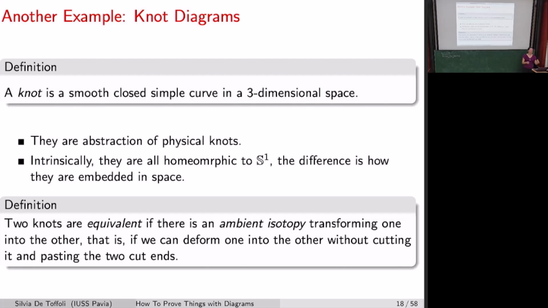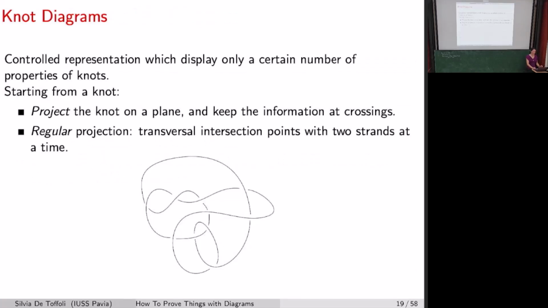And obviously, in knot theory, we don't care about the precise geometric properties of these objects, but really about their knottedness. So one of the main aims of knot theory is to classify knots and, for instance, find out when two knots are equivalent and when they are not.